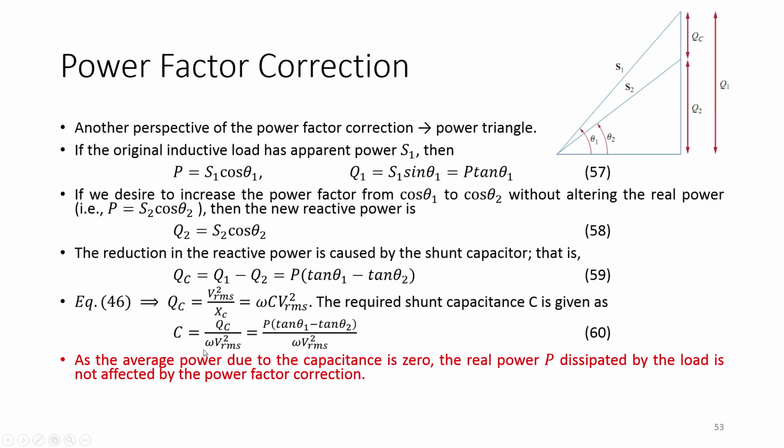So by putting in the values and arranging for the capacitance value, we get C equal to P times (tan theta 1 minus tan theta 2) upon omega V squared RMS. This is the relationship in equation 60, which gives the actual value of the capacitance required to change the reactive power demand from Q1 to Q2, or to change the power factor angle from theta 1 to theta 2.